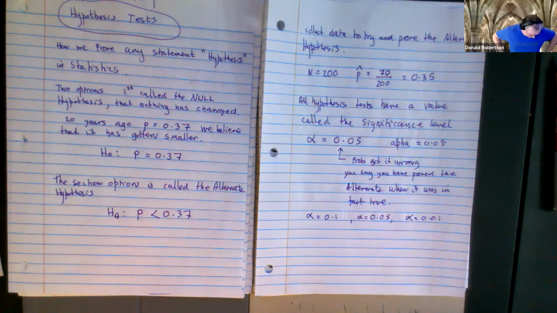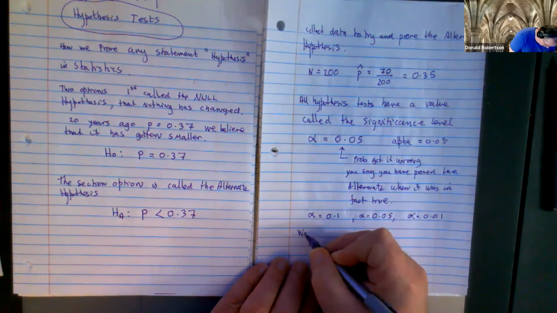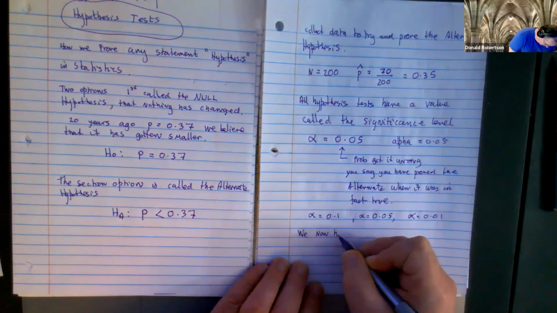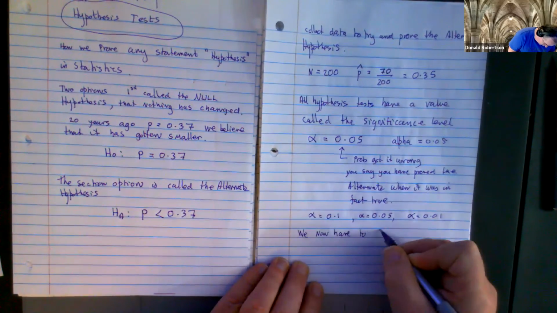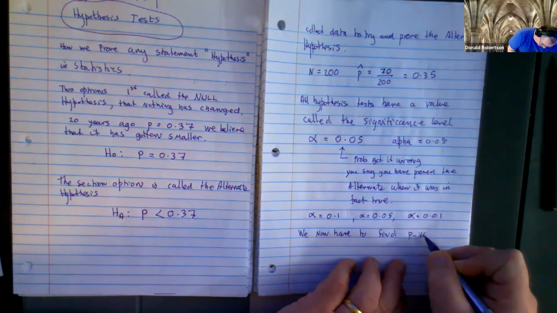So what we now have to do to kind of finish this puzzle is we now have to find what's called the p-value.